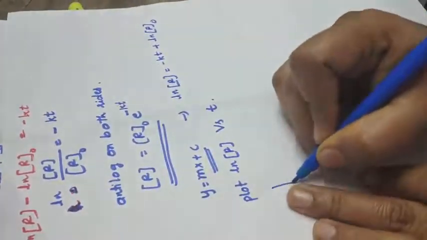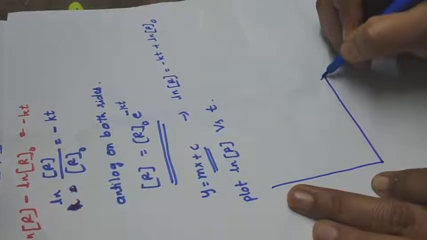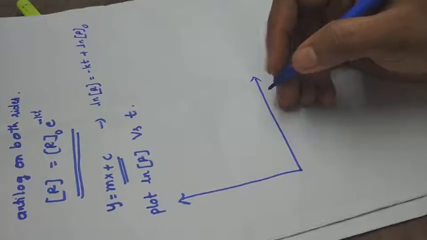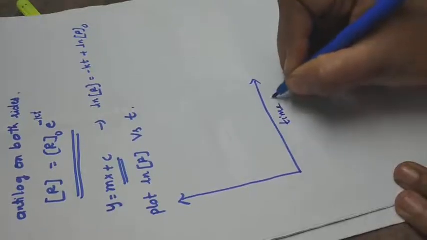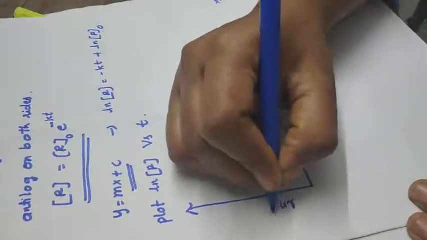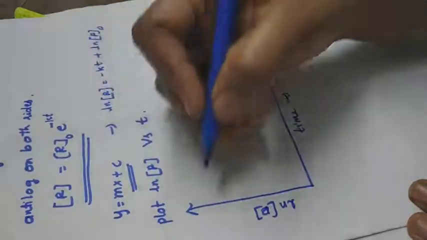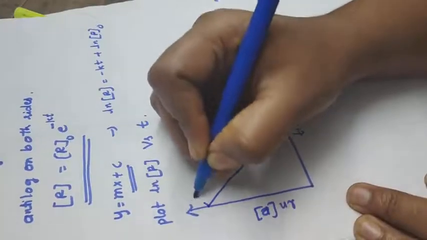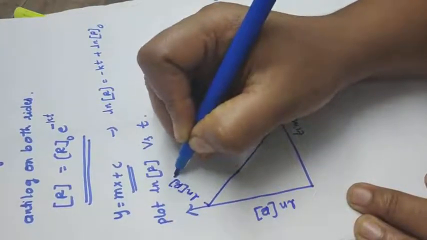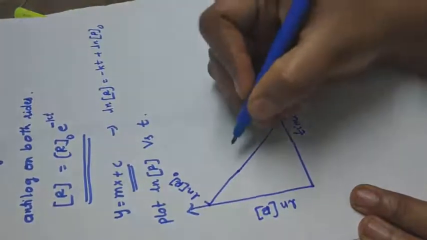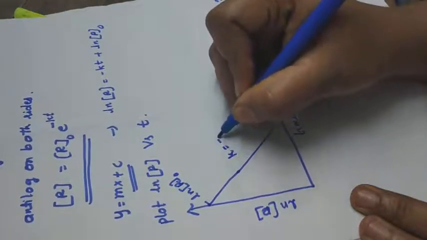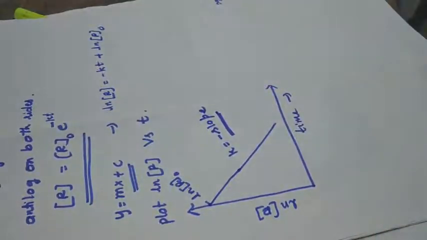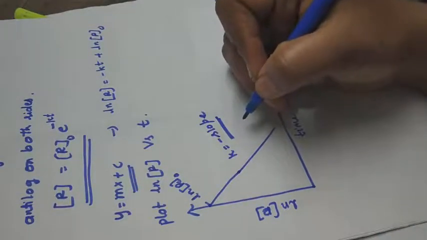So by plotting time and ln r, we get a straight line, and the intercept is ln r naught, and the slope is equal to minus k.